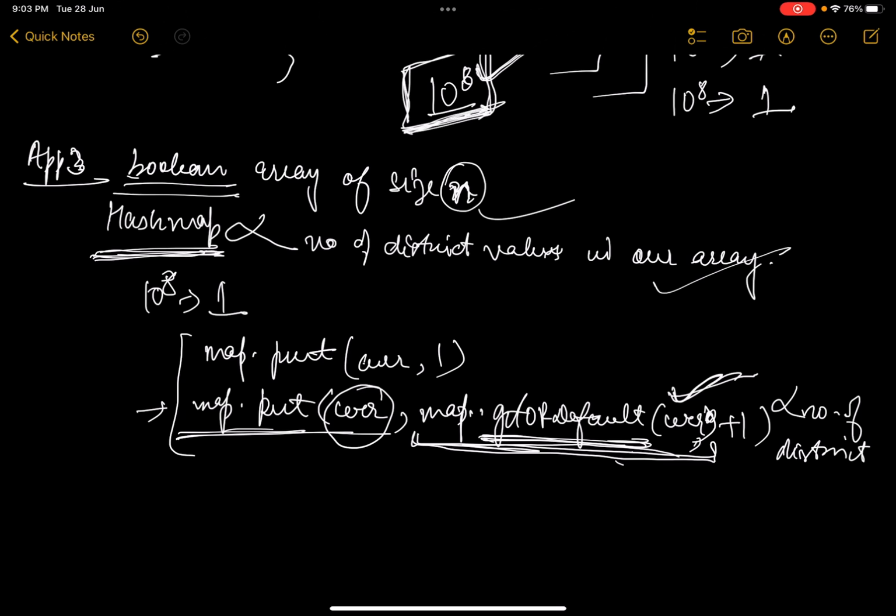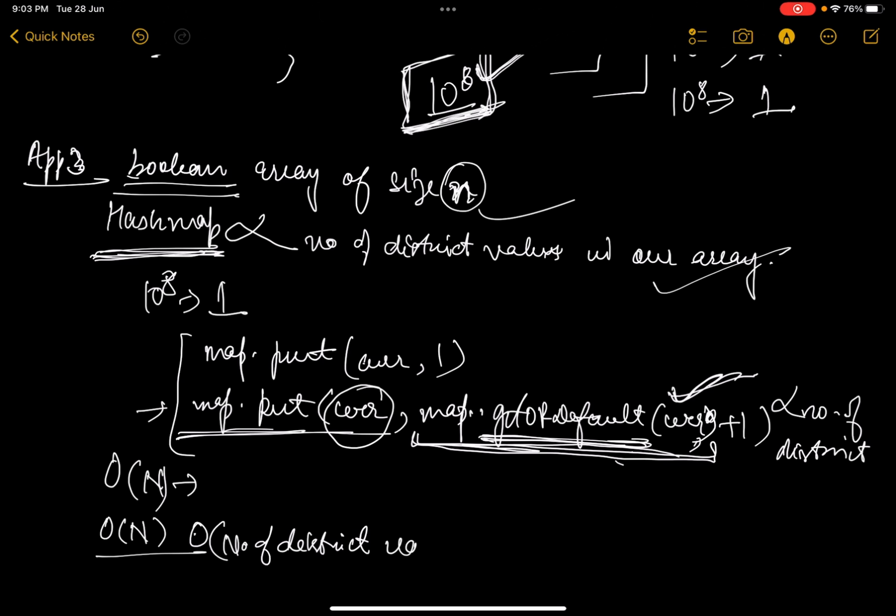In this case, we will do one iteration of big O of n, and we'll put the values into the hash map along with the frequency. Big O of n one time, and the second time, again in the worst case big O of n, if we have all distinct values; else it will be big O of the number of distinct values.